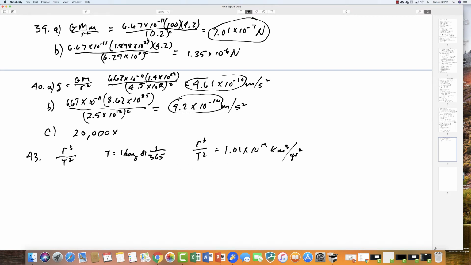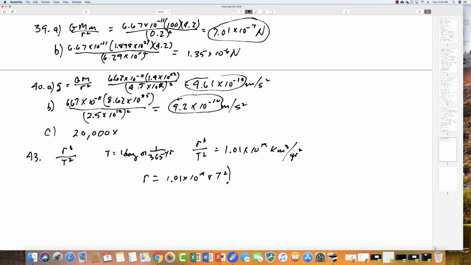And that's why I said this in years. So if we use that and solve this for R, R is going to equal 1.01 times 10 to the 19th times T squared.